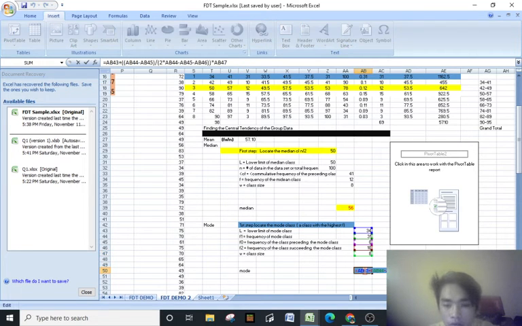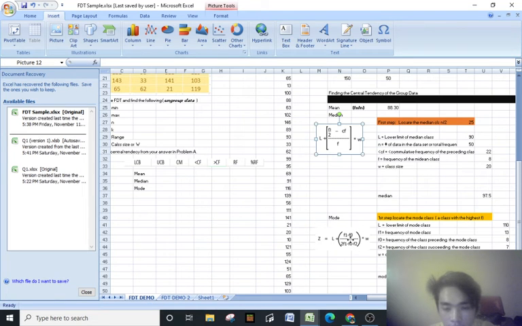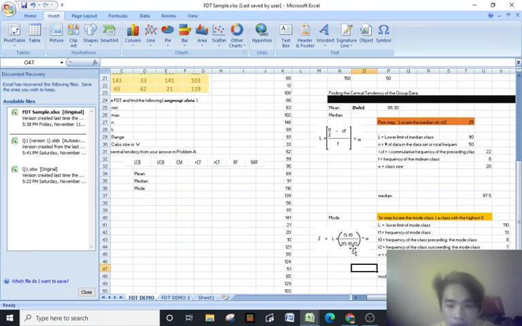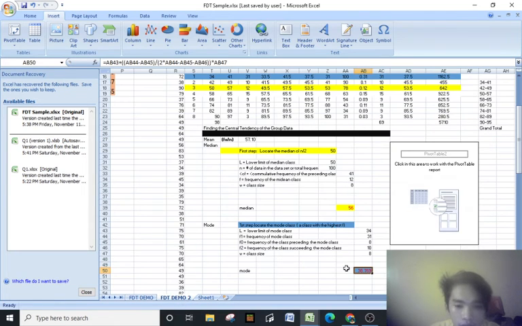So also to get the mode, here is the procedure: mode equals L plus F1 minus F0, divided by 2 times F1 minus F0 minus F2, multiplied by W, the class size.